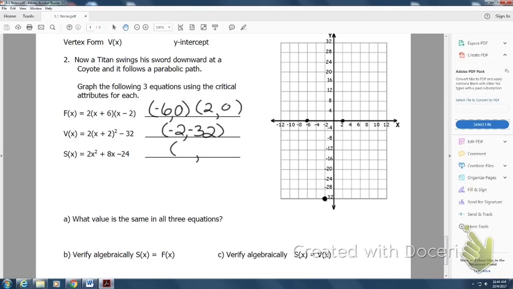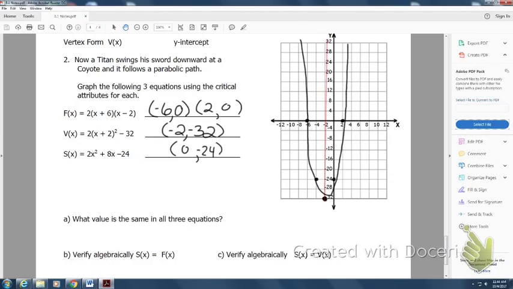How do I need to write it though? 0, comma. So there's 0, negative 24. There roughly is my axis of symmetry, point symmetric to my y-intercept. And there's my ugly parabola. And I've got all the points where they need to be.